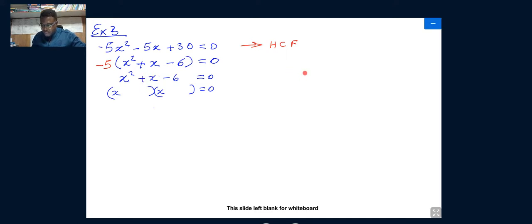The factors of 6 are 1 times 6, 2 times 3, 3 times 2, and 6 times 1. Because we did this before, I'm going to subtract 3 and 2. 3 subtract 2, I get 1, and this is what I'm looking for. There is a 1 here. I'm going to use this combination.